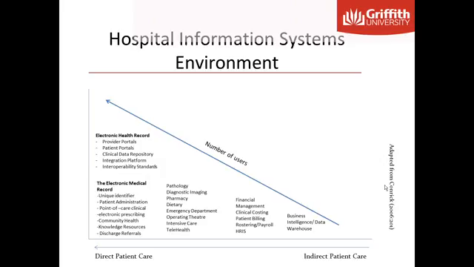So things like, in terms of the indirect patient care, there are business intelligence, there's data warehousing, and these are more or less behind the scene, as opposed to the ones on the left hand side where these systems are quite visible. Things like patient portal, where the patient would sign in to have a look at his or her information. We have standards, which we talked about last week, and some of these components which we will look at today.